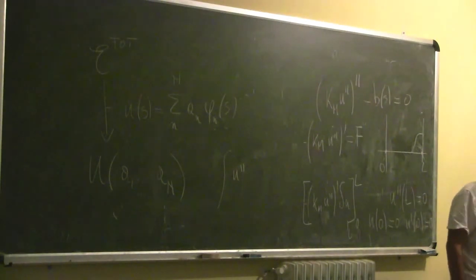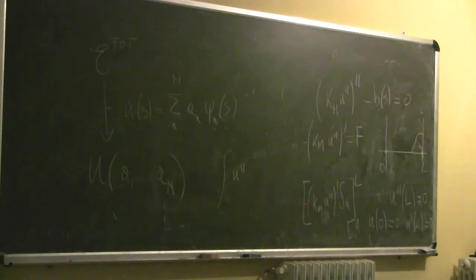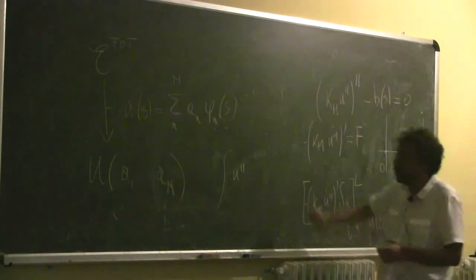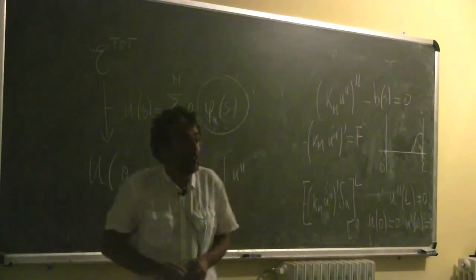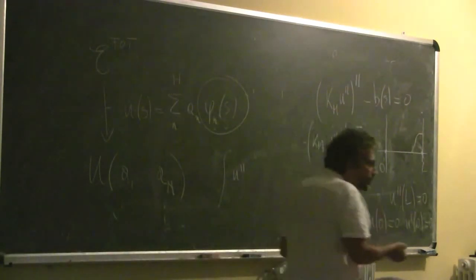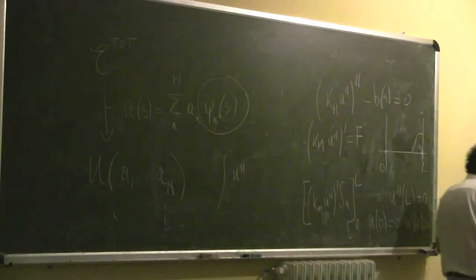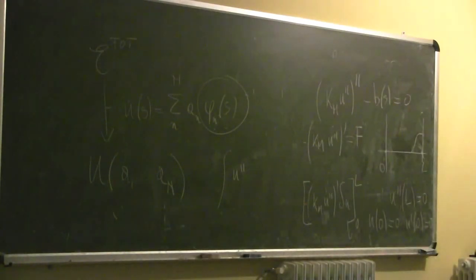What do I get? 0. So I get everything. I get nothing. I get what I want. I pay nothing and I can get everything. So the choice of this phi_n of s must be adapted to the energy functional which I have in my hands.